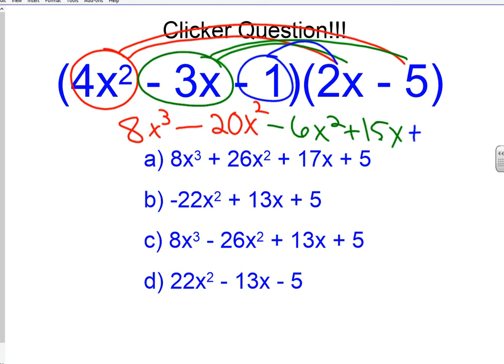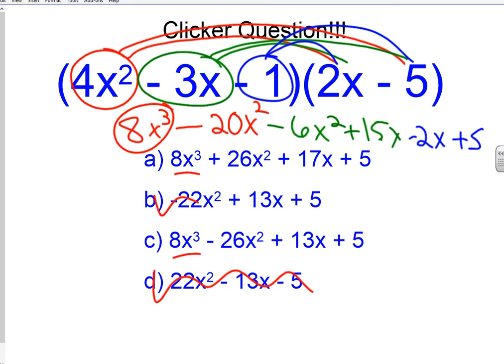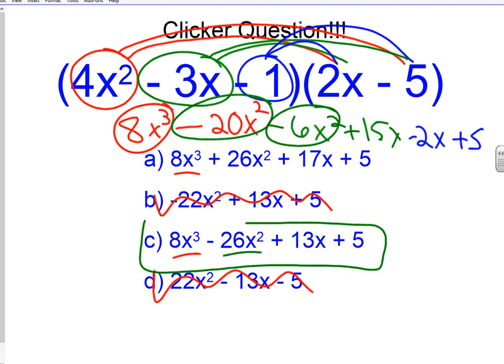That gives me negative, sorry about that, 2x, and positive 5. Highest exponent, 8x to the third, should be my first part. Then I have my x squared terms. They make negative 26, so that's why our answer is C.